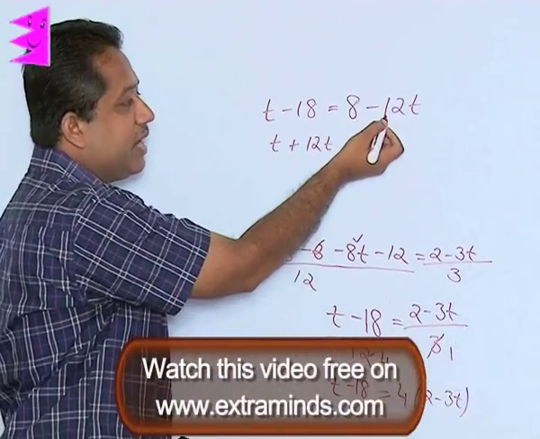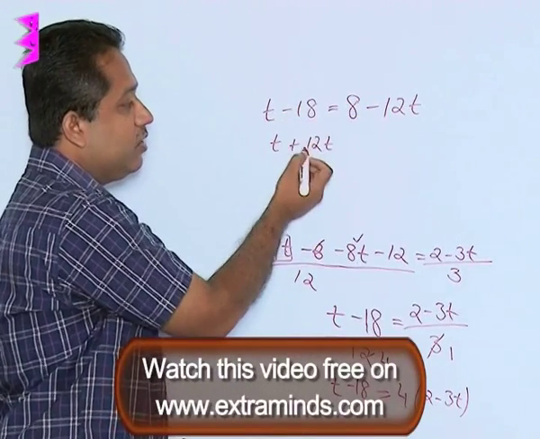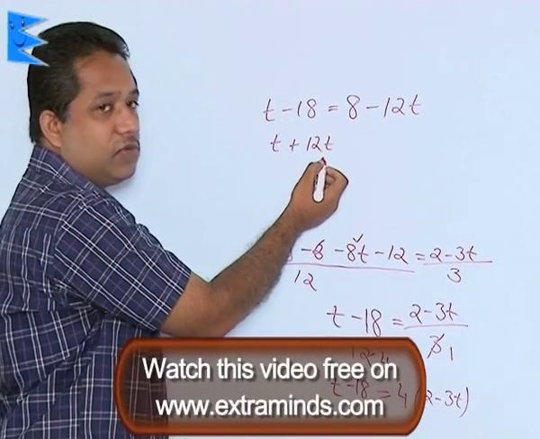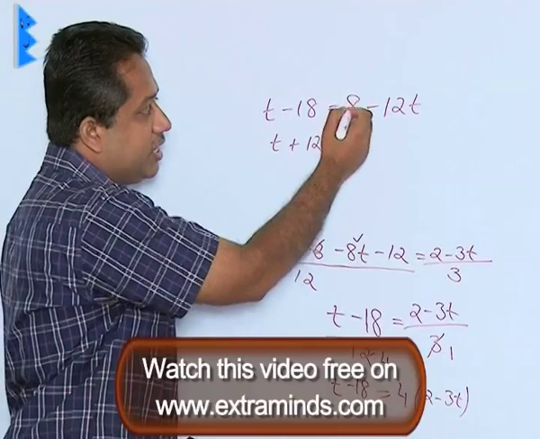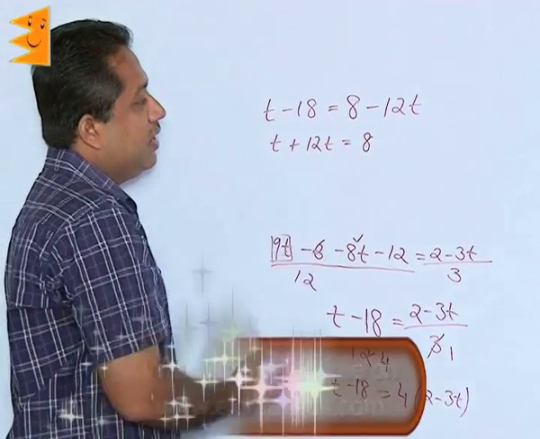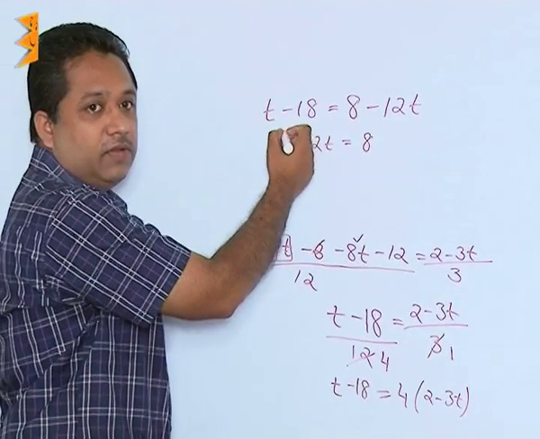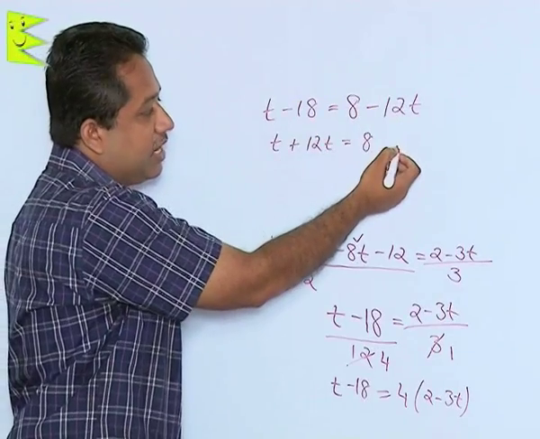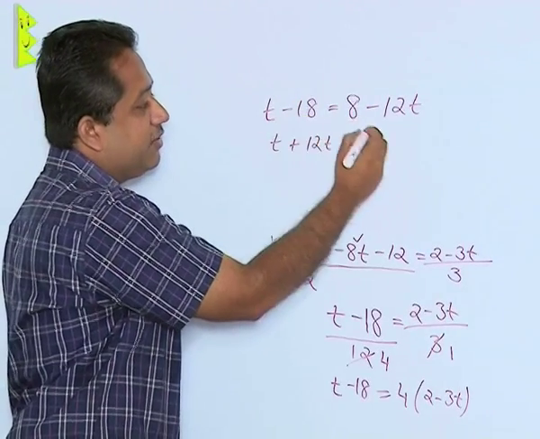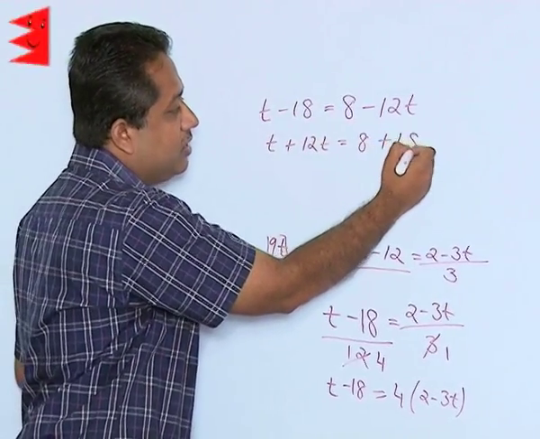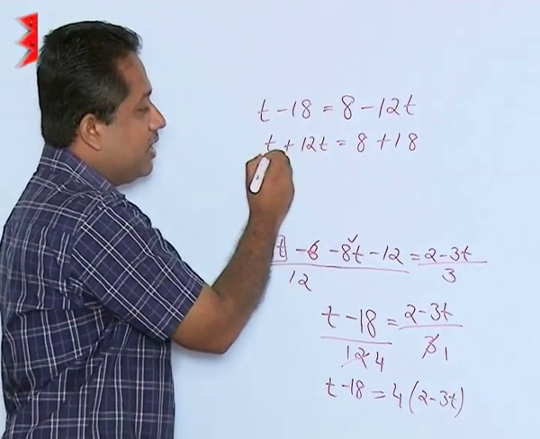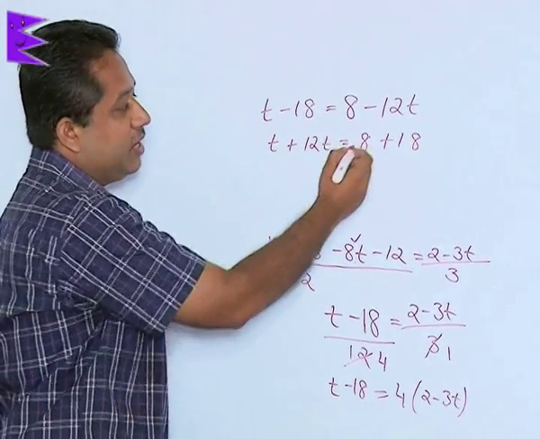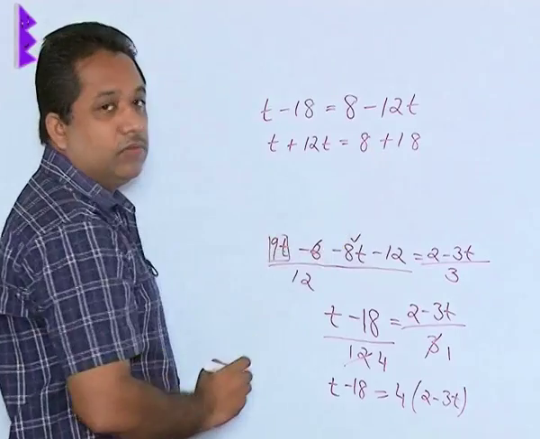So, since this was minus 12t, when I transferred it to the left side, it has become positive 12t. On the right side, you are having the number 8, and this is a negative 18. The negative 18 will be transferred to the right side. So, the minus 18 will become positive 18. So, here we are going to get t plus 12t, and on the right side 8 plus 18.